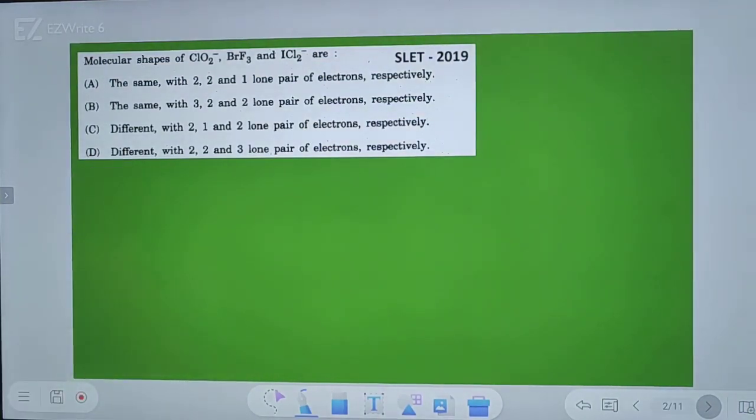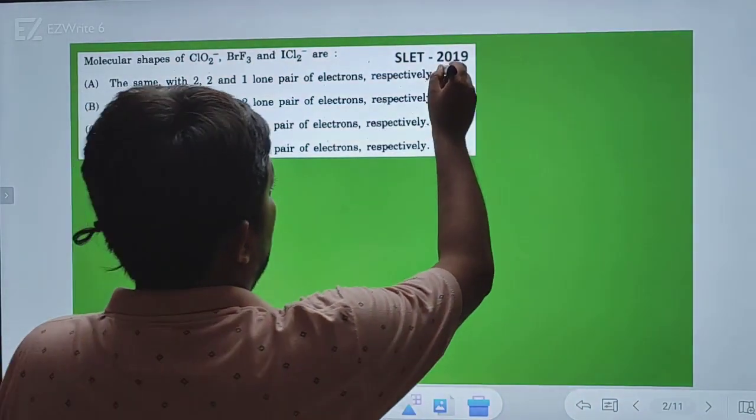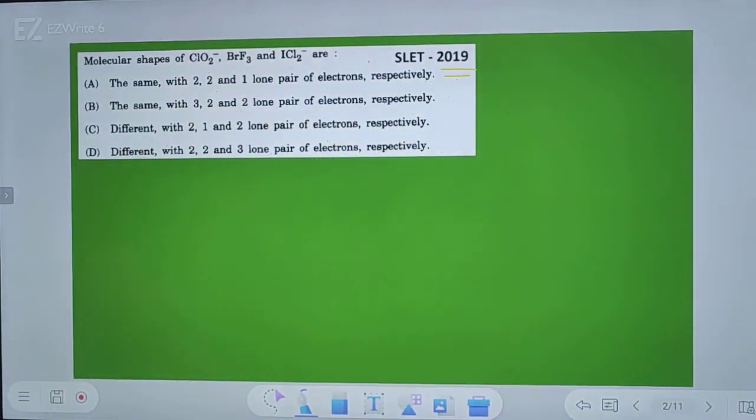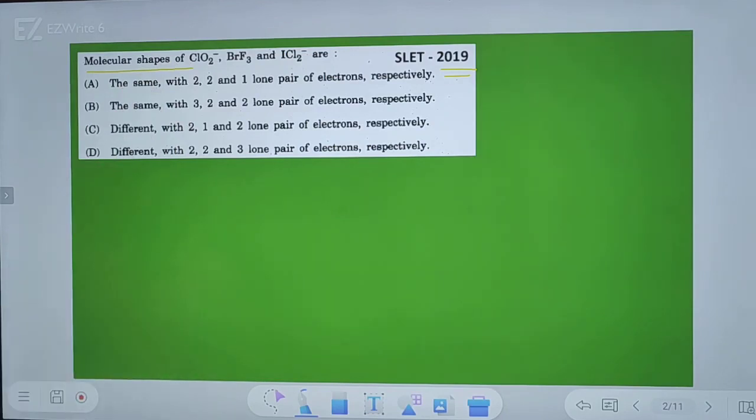The first question that I am displaying here is from SLET 2019, the latest or the last SLET that was conducted. If you look into it, they have clearly mentioned the molecular shapes they require for ClO2 minus, BrF3 and ICl2 minus.